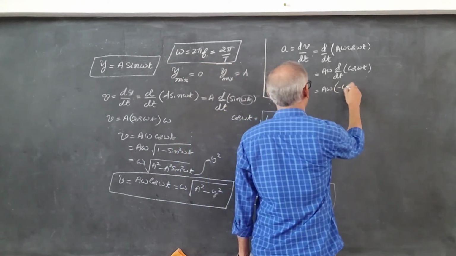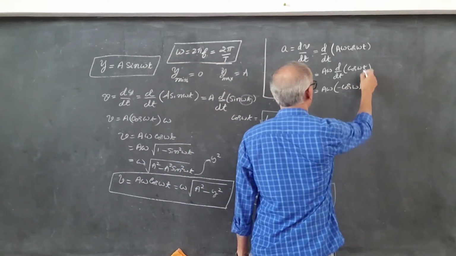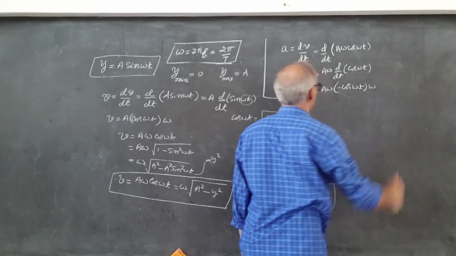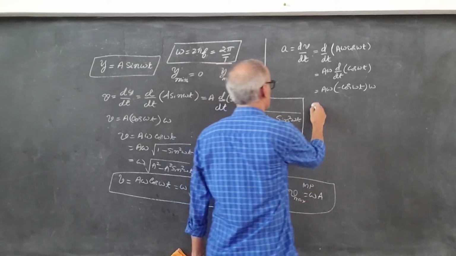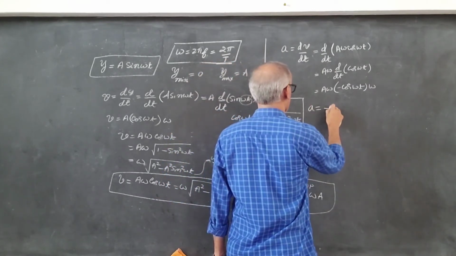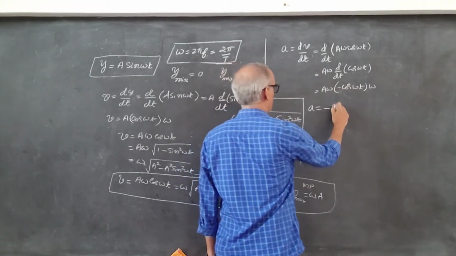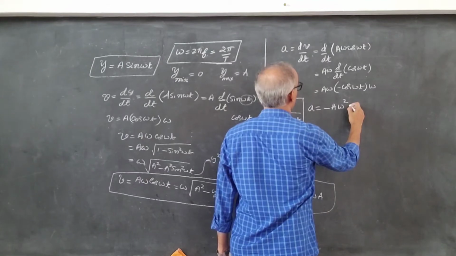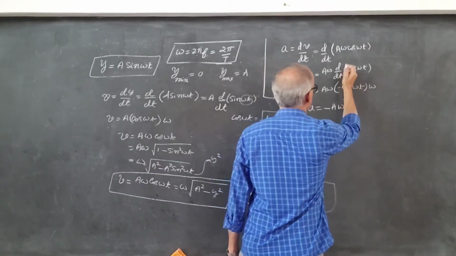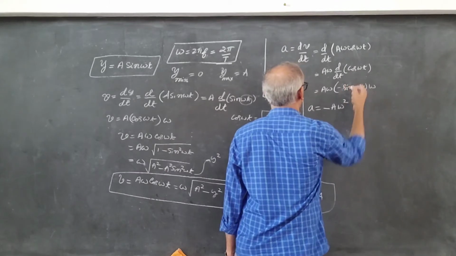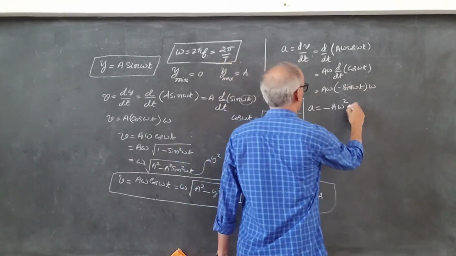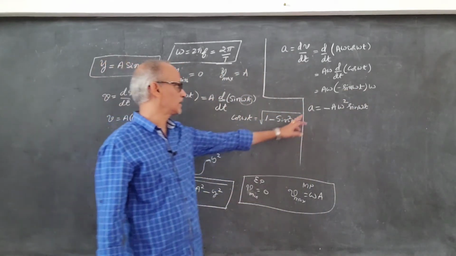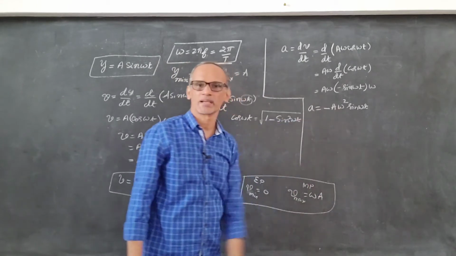So minus sin omega t into differentiation of omega t again, where omega is a constant and differentiation of t is 1. So therefore what we get here is a is equal to minus a omega square sin omega t.